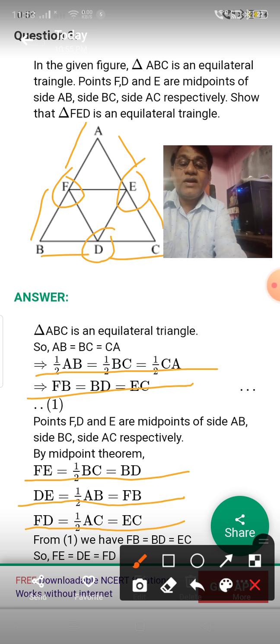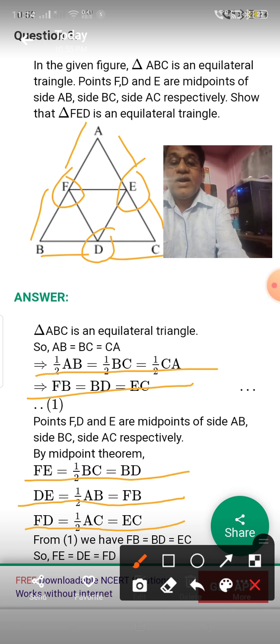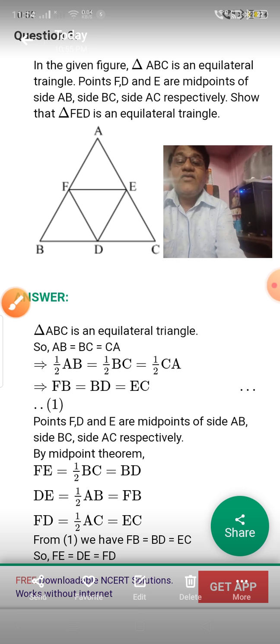From 1 we have FB is equal to BD is equal to EC, so FE is equal to DE is equal to FD. All three sides are equal. It means triangle FED is also an equilateral triangle. In this way you can prove that all sides of FED are equal, so the triangle is equilateral. You get it now?